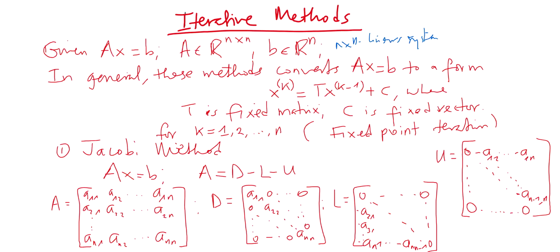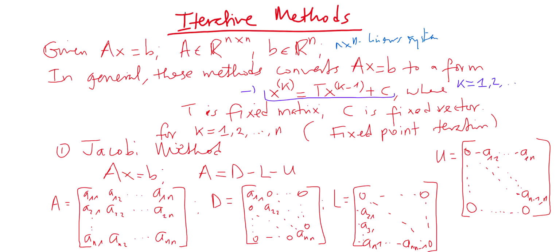We can convert this AX equal to B to a kind of fixed point iteration method, where x of k is equal to T x of k minus 1 plus c, where k goes from 1 and so on.